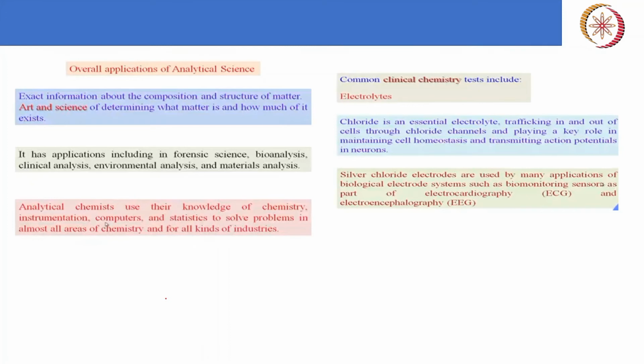One of the other overall applications of analytical science is that, whatever we have discussed from the earlier classes, the different types of compositional and structural information of material chemistry as well as biological chemistry or biochemistry, and determining the quantity and quality of the analyte.